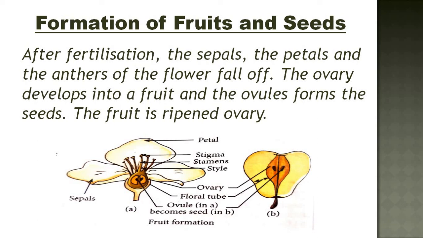As fertilization completes, the ovary of the flower swells up and forms the fruit, and the ovules present in the fruit change into seeds. If you take a mango fruit, it is the ovary of the mango flower, and the seed present in it was the ovule of the flower.